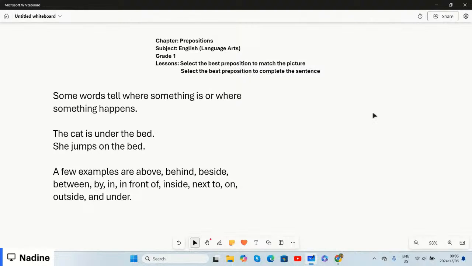And the lessons that we are going to be focusing on under the chapter of prepositions are to select the best preposition to match the picture, and to select the best preposition to complete the sentence.